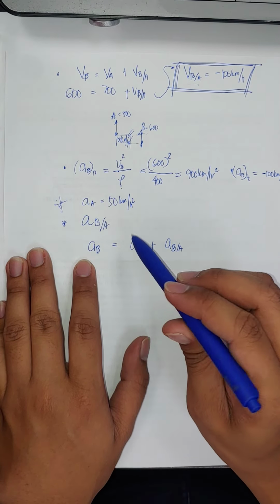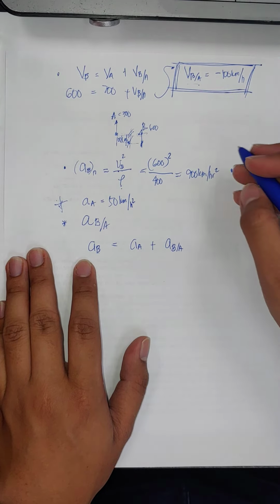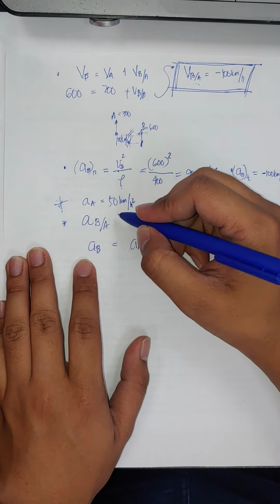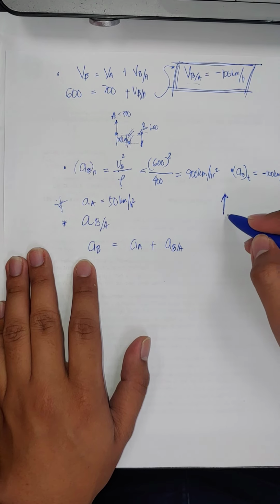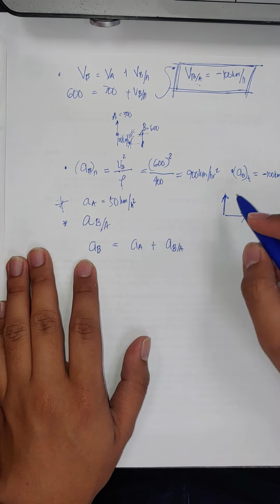Unsa may itsura ani? So if you remember, so we have the tangential, di ba? Paana ang tangential, kaya ang direction is towards that way, and then napot tayo normal towards that side.